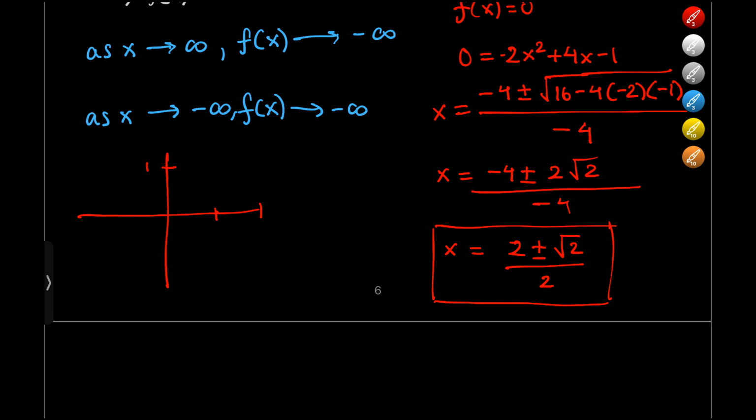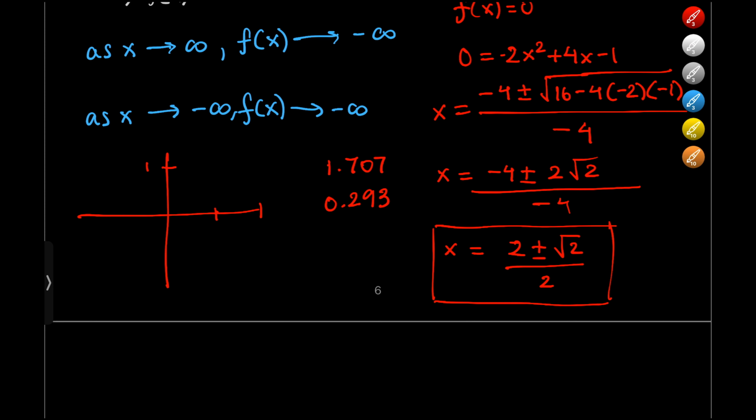And so when you use a calculator to find the decimal values of these, we will find out that one of them is equal to 1.707, and the other is equal to 0.293.